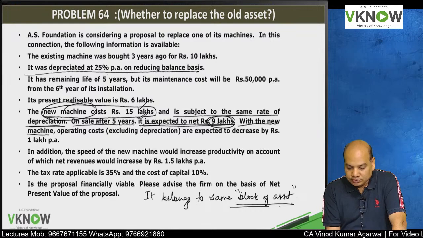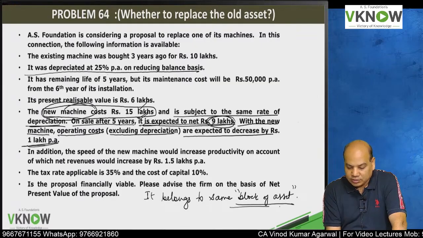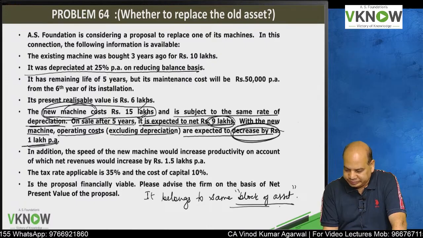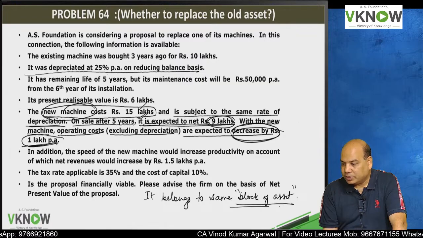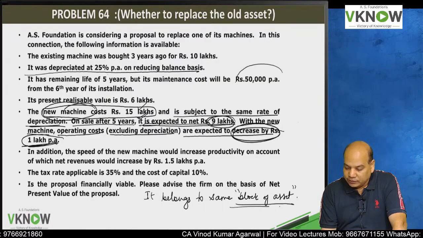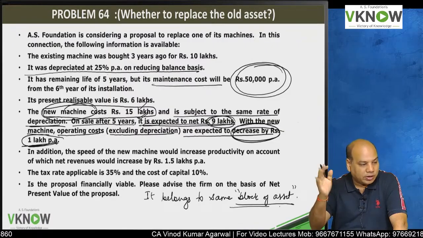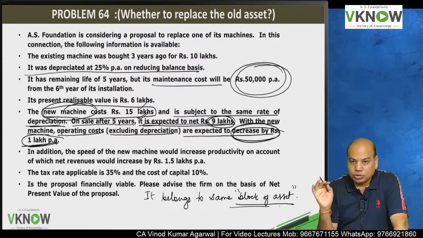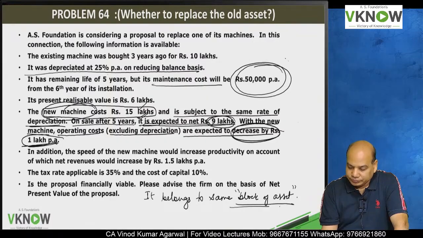With the new machine, operating costs other than depreciation are expected to decrease by 1 lakh. So benefit number 1 is that operating cost will reduce. Benefit number 2, old machine maintenance cost will not be required, if you sell the old machine and buy the new machine.